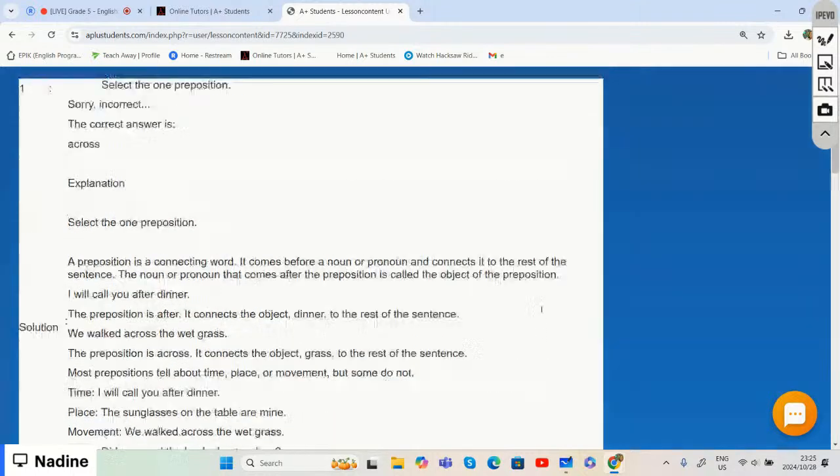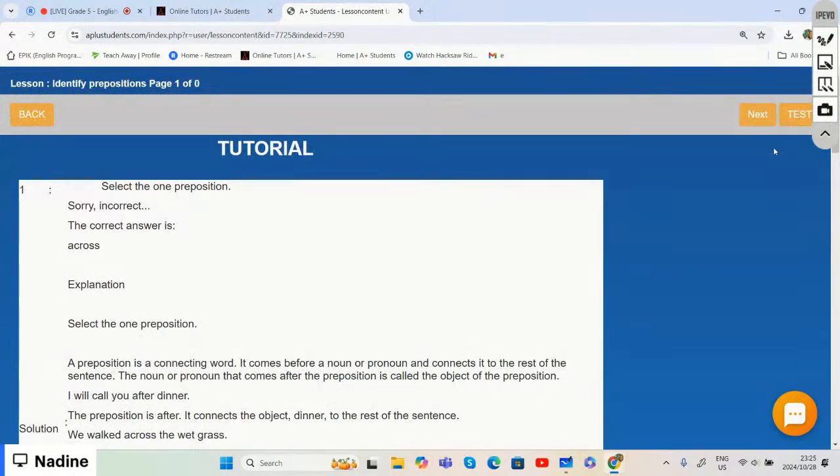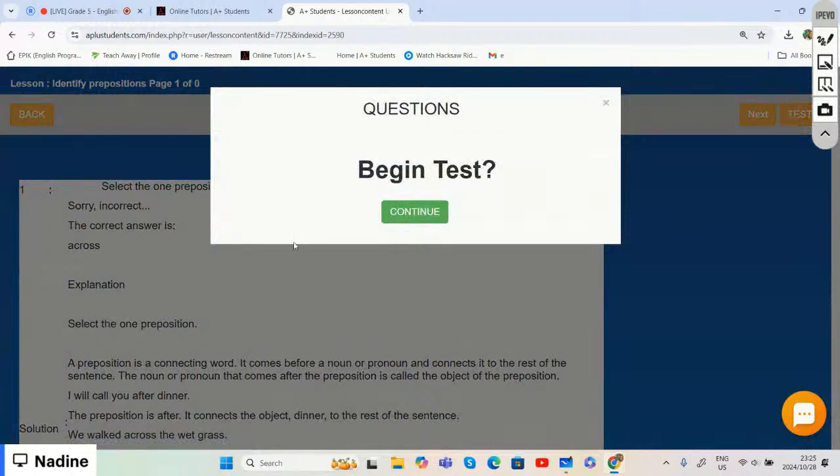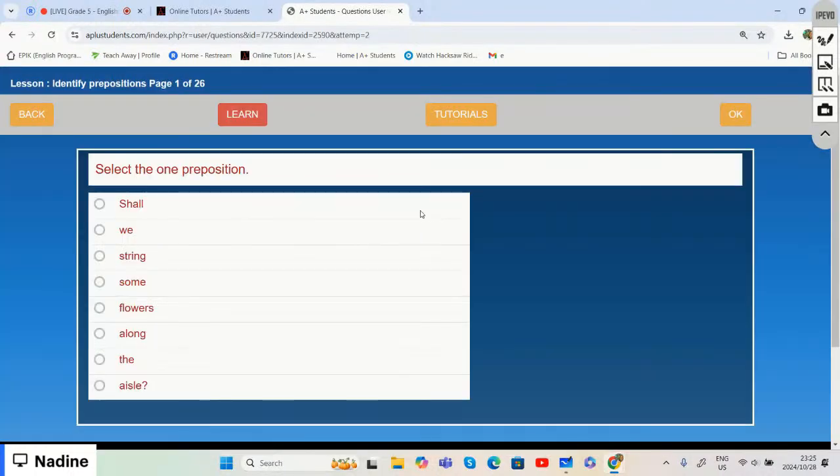All right. So now we're going to our test where we are going to identify prepositions. We need to select the preposition. It says, shall we string some flowers along the aisle?